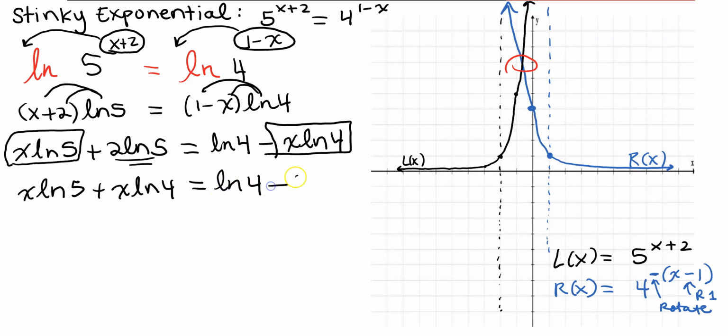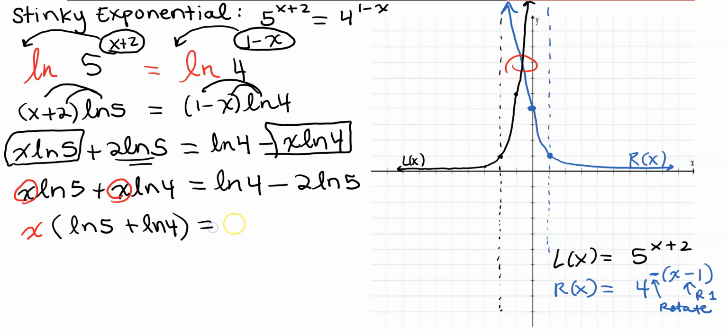So ln 4 minus 2 ln 5. So what's the trick here? I see x and x, so that's the greatest common factor, right? So x is a common factor, so I will go ahead and factor out the x, and once I factor out the x, what do I have left inside? ln of 5 plus ln of 4 is equal to ln of 4 minus 2 ln of 5.